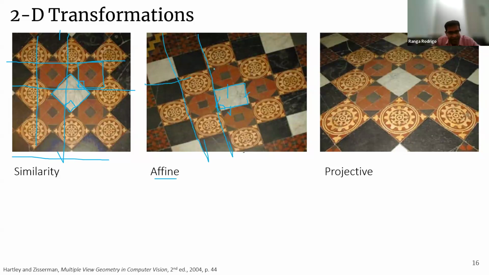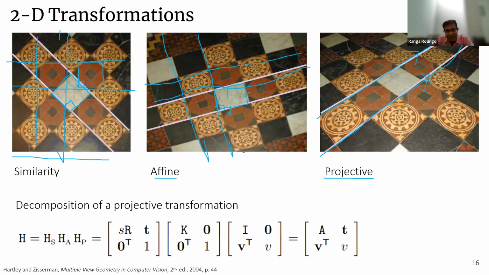If you take this line and that line, I'm not properly drawing them, they are still parallel, as you can see. But if you go for the projective transformation, or the homography, even the line parallelism is gone. You can see that these lines seem to meet. They are no longer parallel, right? Not parallel. So I have drawn and shown them to you.